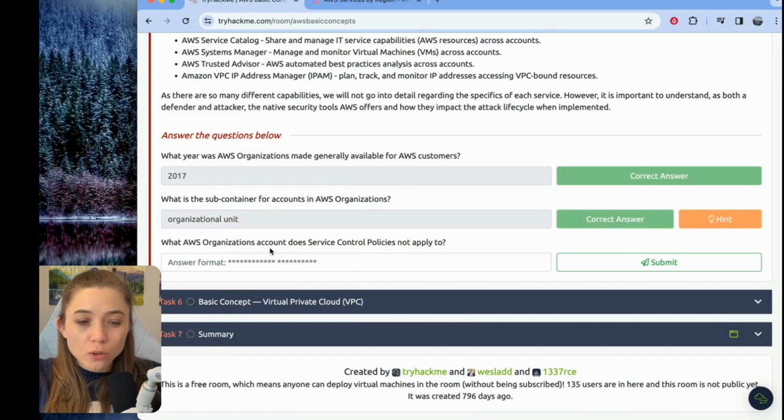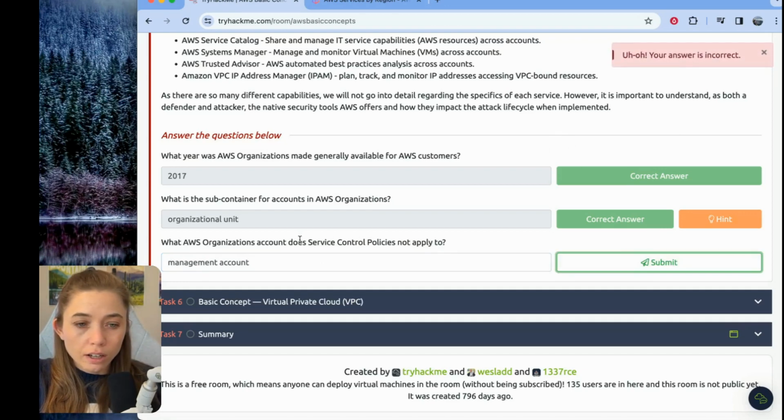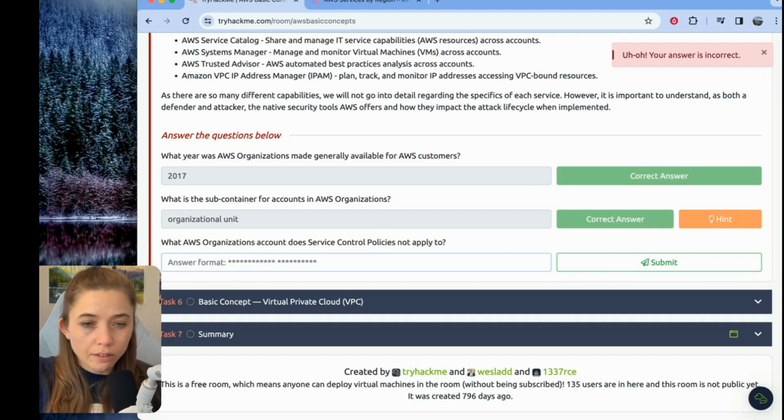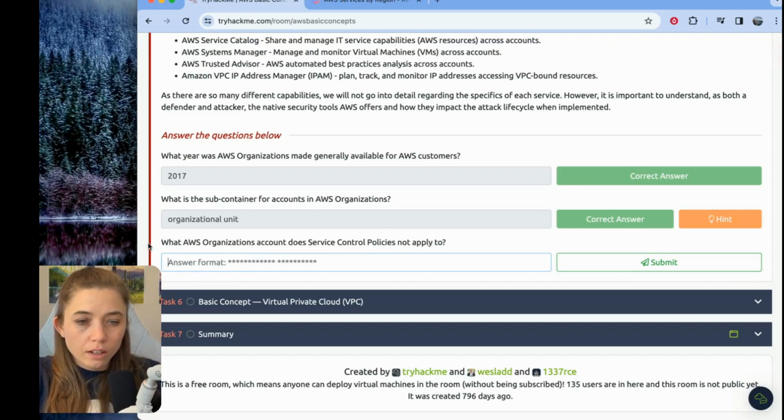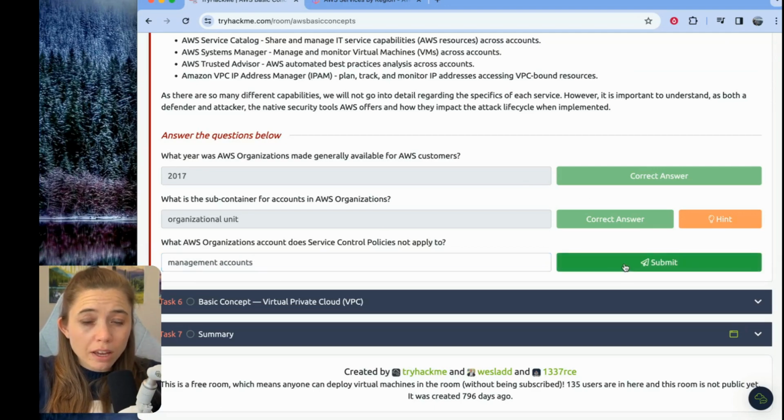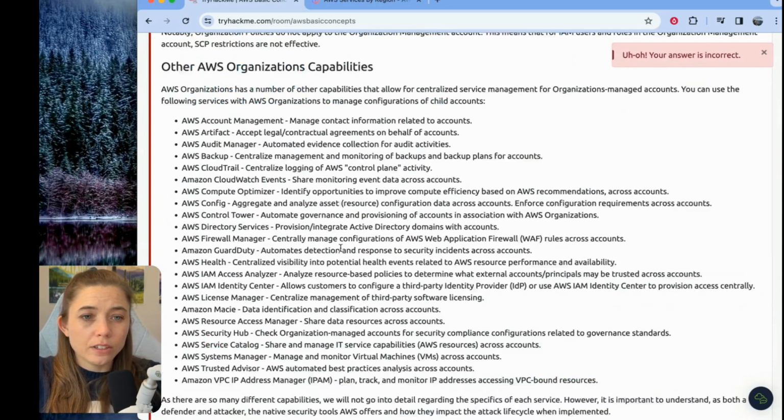And then, what AWS Organizations account do service control policies not apply to? So that would be the management account, or you could think about it like the root account. So I got that wrong. What did I do? Management accounts, maybe? No. All right, let's do a copy and paste.